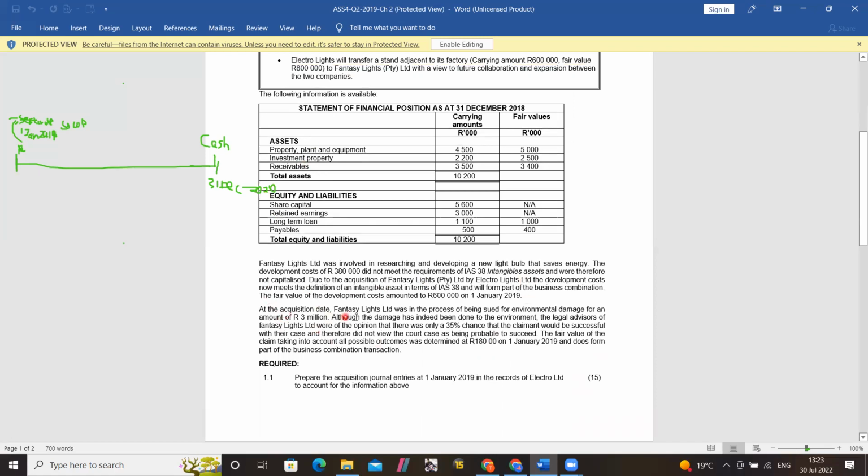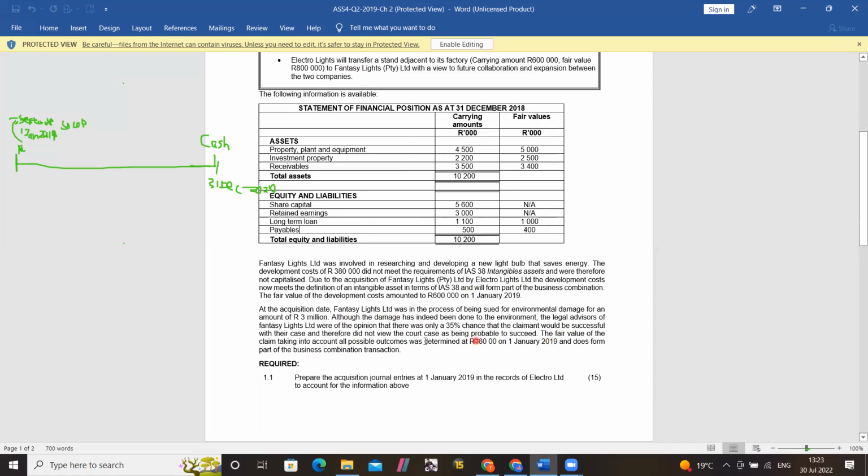And they said that at acquisition Fantasy Limited was in the process of being sued for environmental damage for an amount of 3 million, right? And then although the damage has indeed been done to the environment, the legal advisors of Fantasy Limited were of the opinion that there's only a 35% chance that the claim would be successful, and therefore did not view the court case as probable to succeed, right?